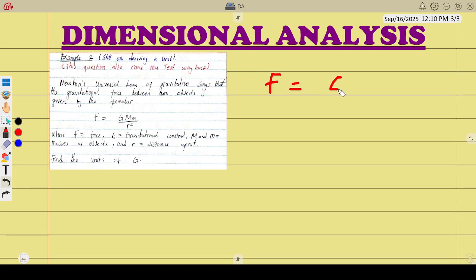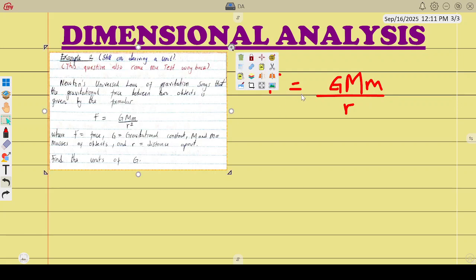So force is equal to GMM over R squared. Okay, so this is just Newton's law of gravity. Yeah, and we're going to do this topic ahead.